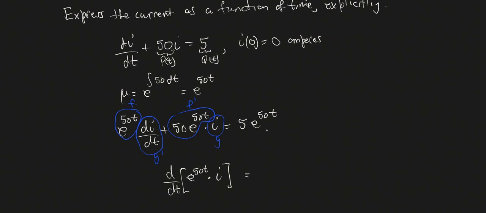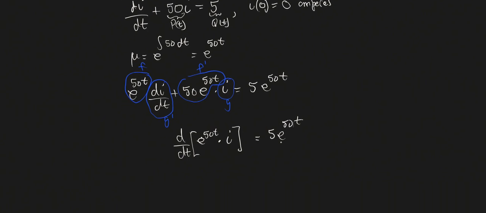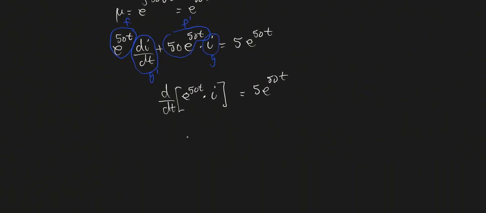The expression on the right-hand side stays the same. Now, integrating both sides, we will have e to the 50t times I on the left, and the antiderivative of 5e to the 50t dt on the right.